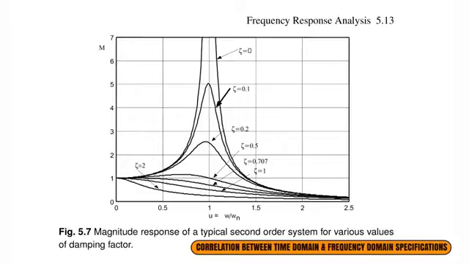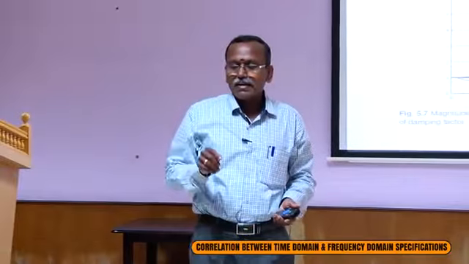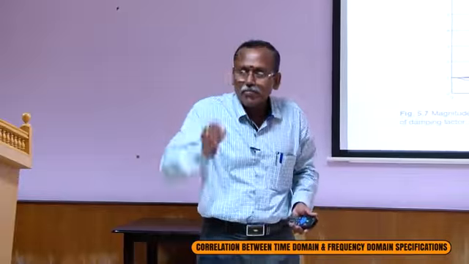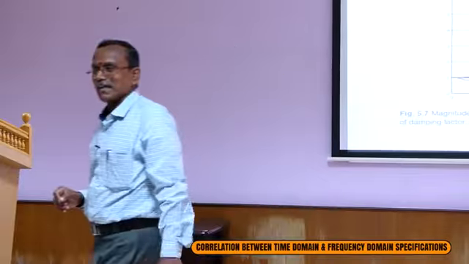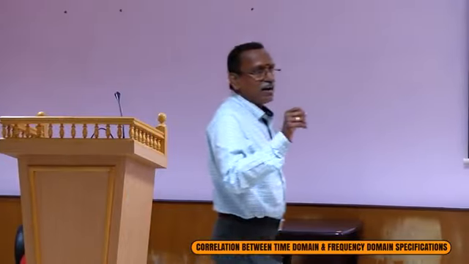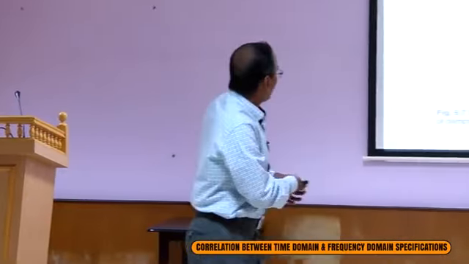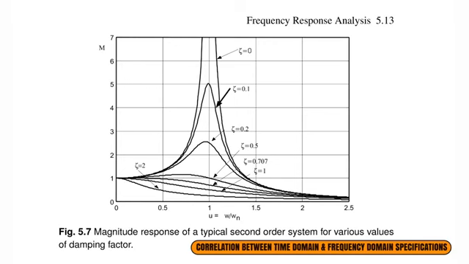So I got a correlation between time domain analysis and frequency domain analysis. If I decrease zeta, the amplitude of oscillation increases. Here, if I decrease zeta in the frequency domain, the magnitude increases at omega r, the resonant frequency.